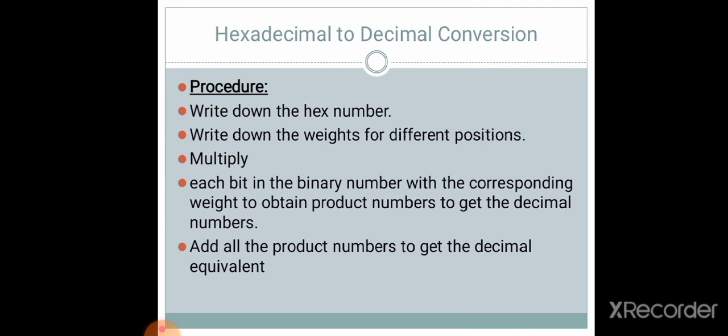We'll take the base for that, and it will go on increasing at the right hand side but with the minus sign. So after putting the weight, we'll take the digit and weight multiplication, and we'll add the digit and weight multiplication of each digit, and finally we'll add all of them to get the final decimal number.